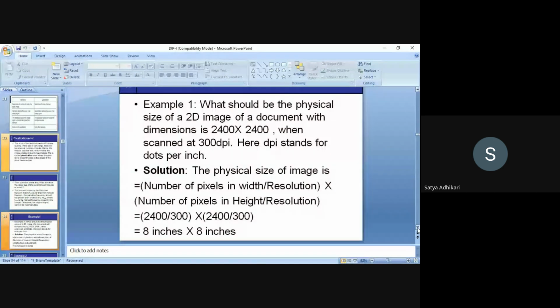Here dpi stands for dots per inch. We are scanning at 300 dpi and the image dimension is 2400 into 2400 pixels. The physical size of the image is number of pixels in width by resolution into number of pixels in height by resolution, means 2400 by 300, 2400 by 300, 8 inch into 8 inch.